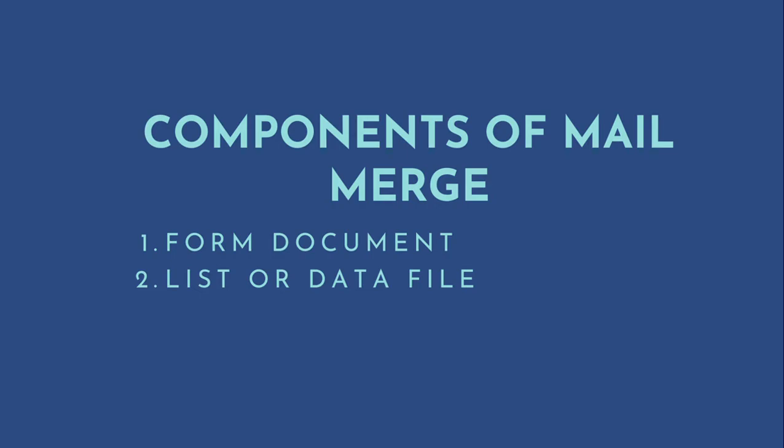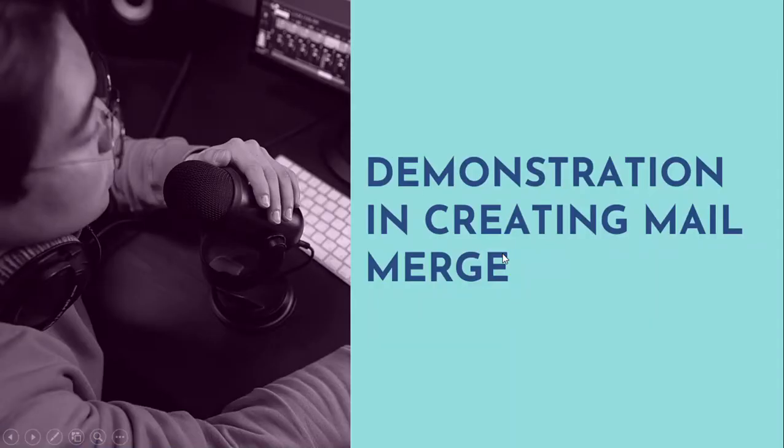These are the individual information of your client or recipient to whom you are going to send or distribute the document using the mail merge. We should always remember that without these two components, you cannot facilitate the mail merge. So we're going to have a demonstration for that.